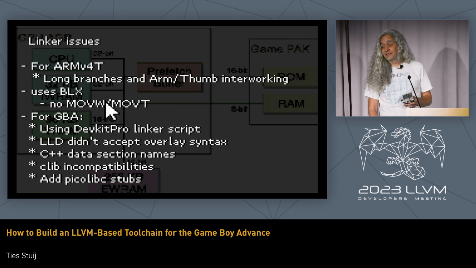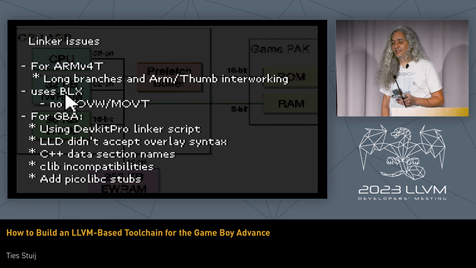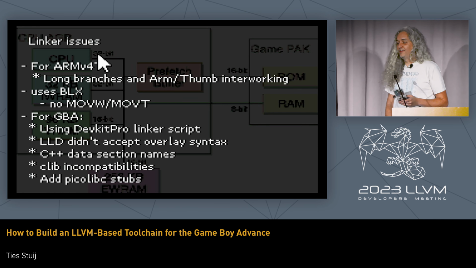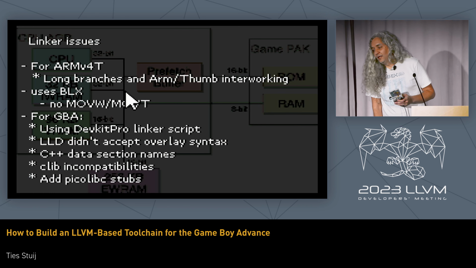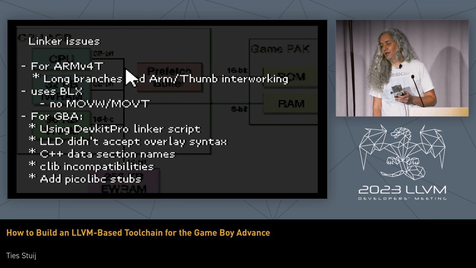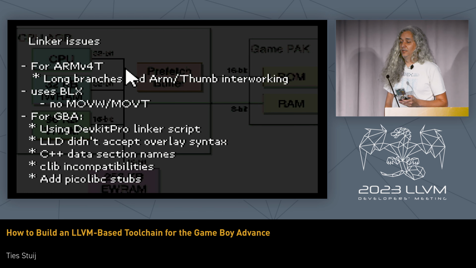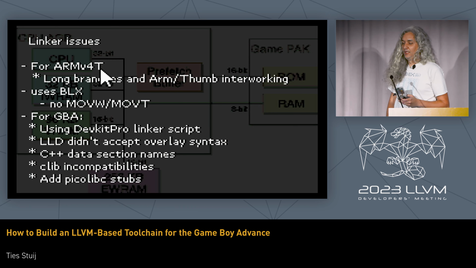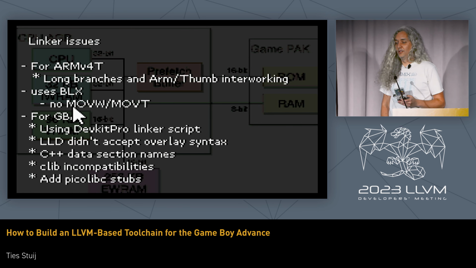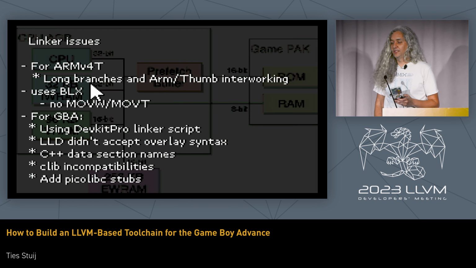Things that were issues for the linker. That was basically the thing that I had most that actually needed a little bit of coding. For ARMv4T, LLVM, you couldn't do long branch, and you couldn't do ARM-Thumb interworking properly. So basically, the linker was broken for ARMv4T, because those routines used BLX, which is branch, link, and exchange, which doesn't exist on ARMv4T.